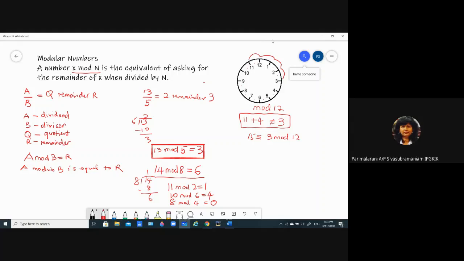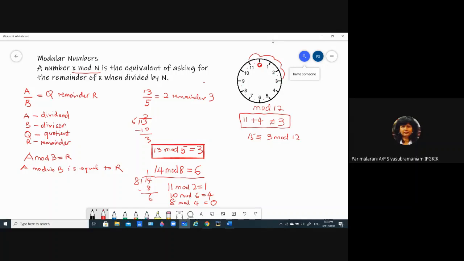On a clock face, when you do modular arithmetic, we will write the top as 0. So this is mod 12. Mod 12 means we have 12 divisions. After 11 is 0. This is actually 12, but we write it as 0. So this is 1 mod 12, 2 mod 12, 3 mod 12, 4 mod 12, 5 mod 12, and so on.